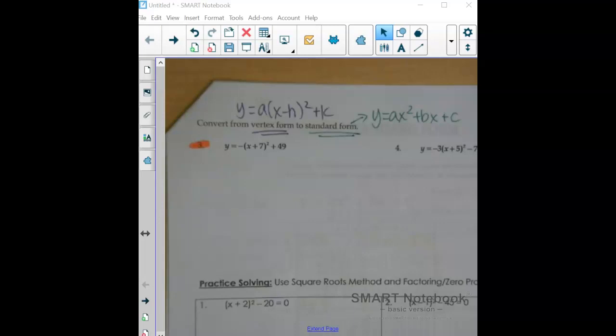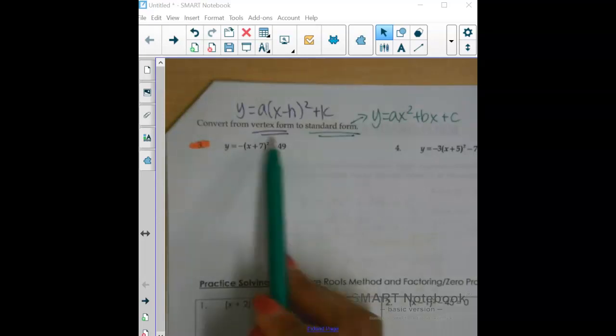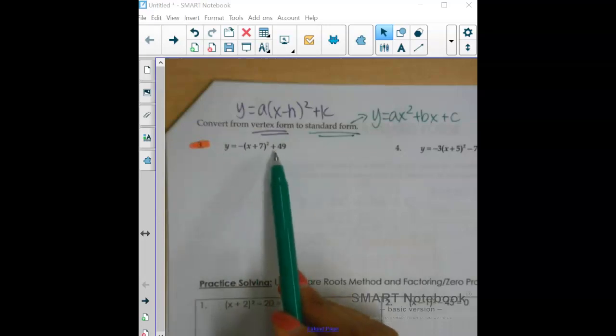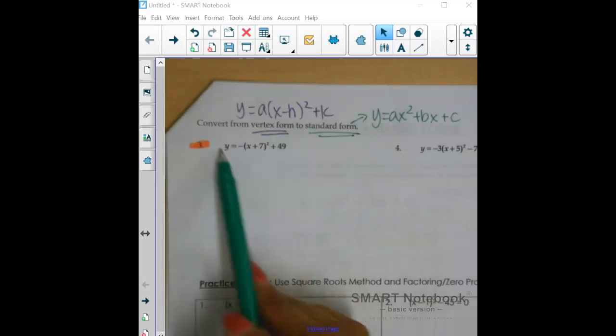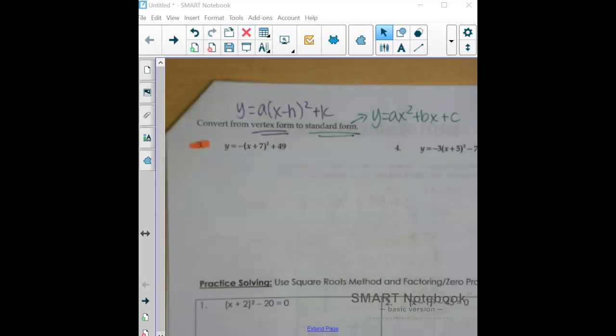If I ask you to convert from this ugly, disgusting form, which is actually my favorite form, by the way, into standard, what would you do besides stare at the board and look at me? Which is what y'all are doing now.